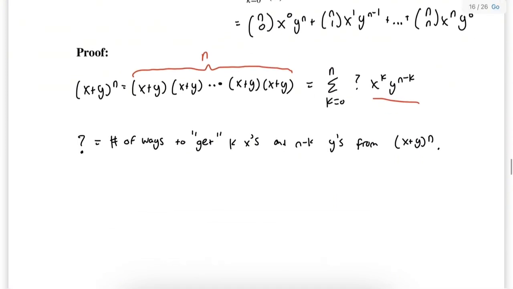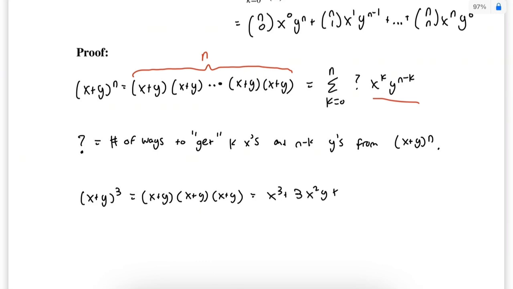Okay. So maybe this would be best illustrated with an example, right? If we have our x plus y cubed, which is x plus y, x plus y, x plus y, you'll recall that this is x cubed plus 3x squared y plus 3xy squared plus y cubed, right?